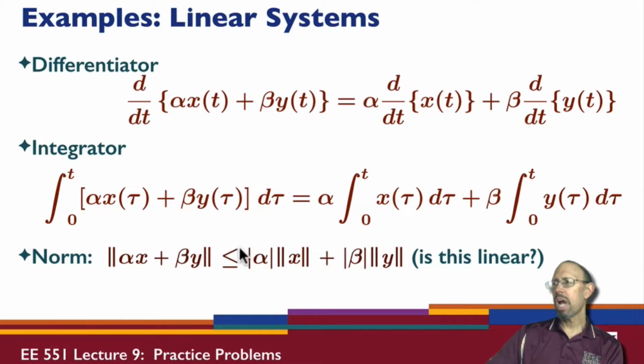So right away, without too much hullabaloo, I can say that this norm, which satisfies this relationship, is not a linear operator. Also, because I don't have equality, I have inequality, that's also a giveaway. So the norm is not a linear operator.